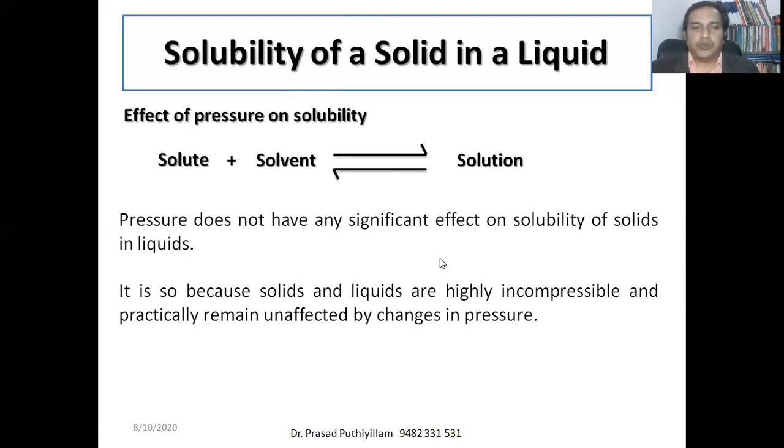Gas molecules can be compressed, whereas at normal pressure we cannot compress solid and liquid. That is for normal cases, not applying very high pressure. So in general we can say there is not much effect of pressure on the dissolution of a solid solute in a liquid solvent.